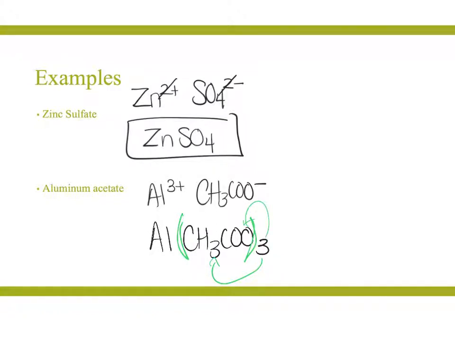Okay, if for instance I did need to count out, let's even start with this one, how many zincs are in this molecule? There's 1 zinc. If I ask you how many sulfurs are here, there's 1 sulfur. If I ask you how many oxygens are in it, there's 4 oxygen. We'll do the same thing down here. If I ask you how many aluminums are in there, there's 1 aluminum. If I ask you how many carbons in there, this is kind of tricky because we have to do 3 times this carbon and 3 times this carbon.